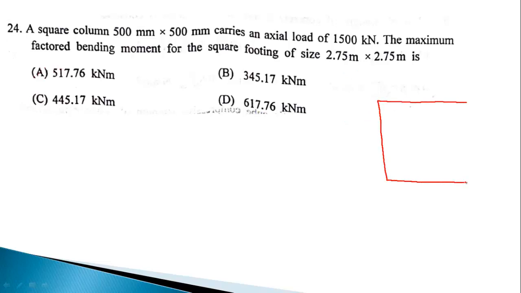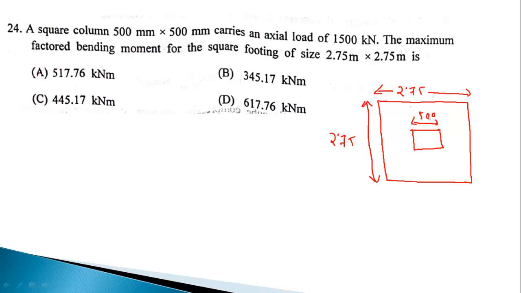So a footing is there, the size is 2.75, and at the center there is a column of size 500. An axial load is also there.